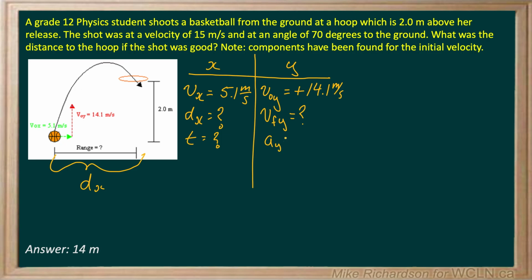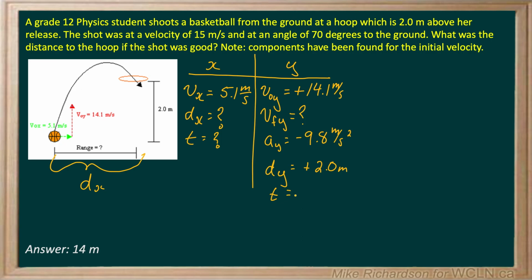My acceleration, as usual, is always negative 9.8 meters per second squared due to gravity. And my vertical displacement, if you look at the picture and read the question, is 2 meters. It's going up. It's going from the lower left to the upper right, a vertical distance of 2 meters. So that's a positive displacement because it's up. And we don't know time.